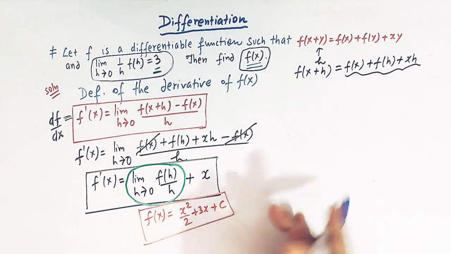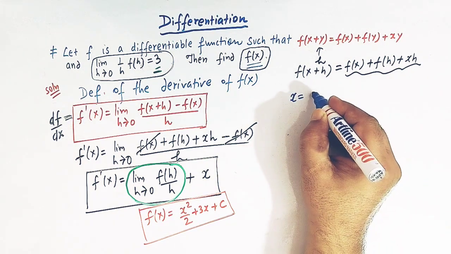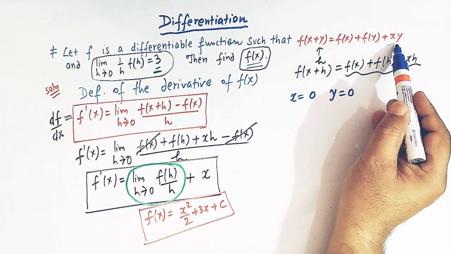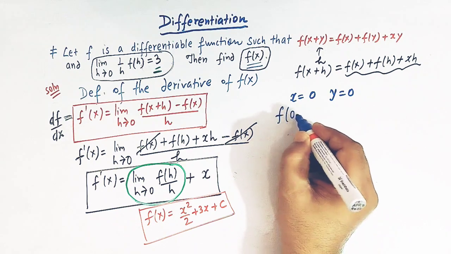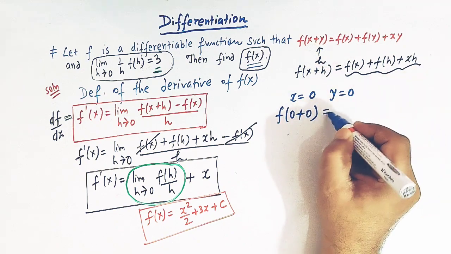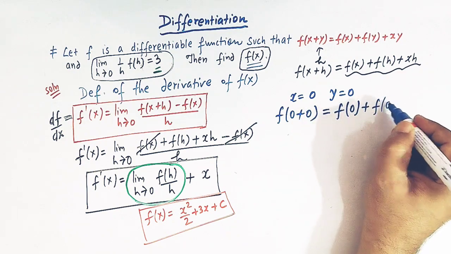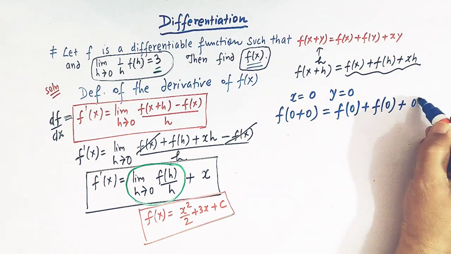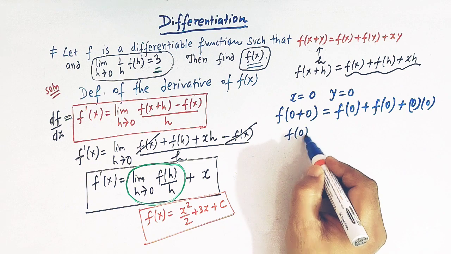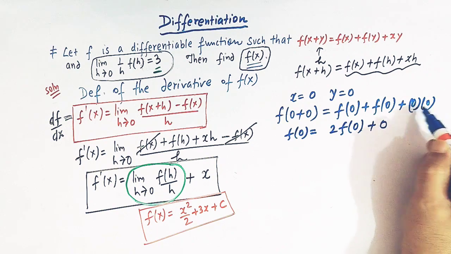Now let us apply the boundary conditions. We will take x equal to 0 and y equal to 0 in this functional equation. So we have f of 0 plus 0, which is f of 0, equal to f of 0 plus f of 0 plus 0 times 0. So 0 plus 0 is 0, and we have f of 0 equal to 2 times f of 0, since 0 times 0 is 0.